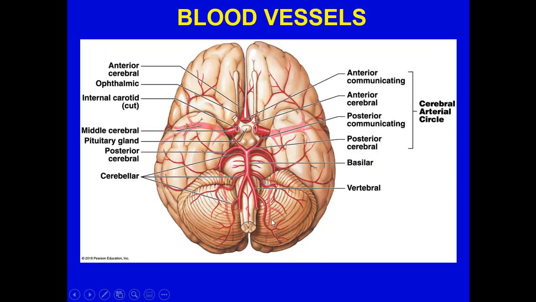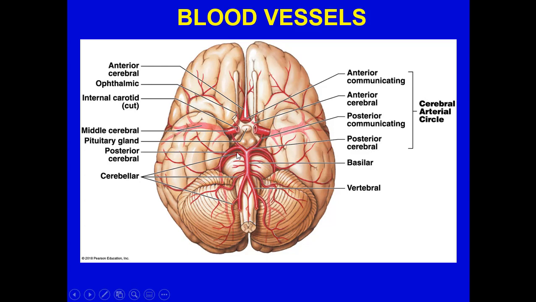But if you look underneath, this is where it gets really descriptive, as you can see this circle of Willis here, consisting of anterior communicating, anterior cerebral, posterior communicating right here, the posterior cerebral. You have the basilar coming up from the vertebral.